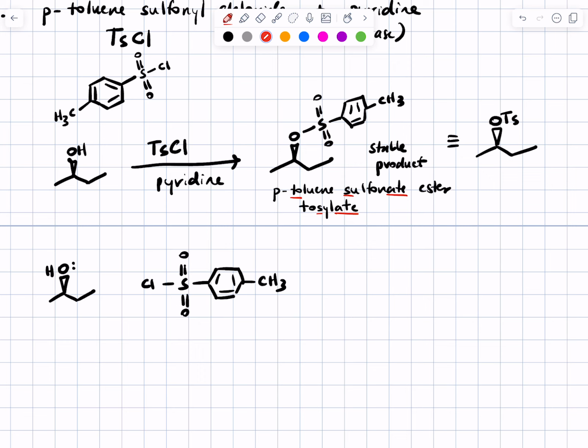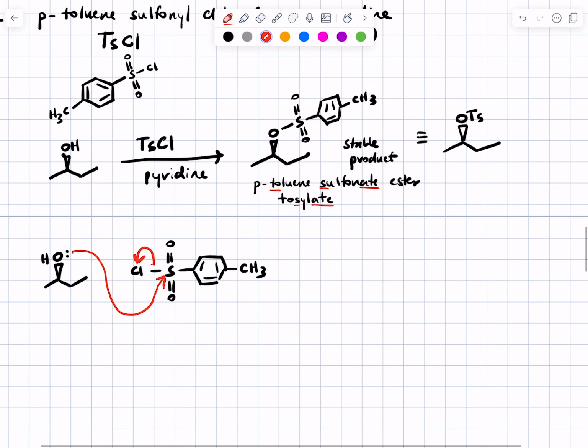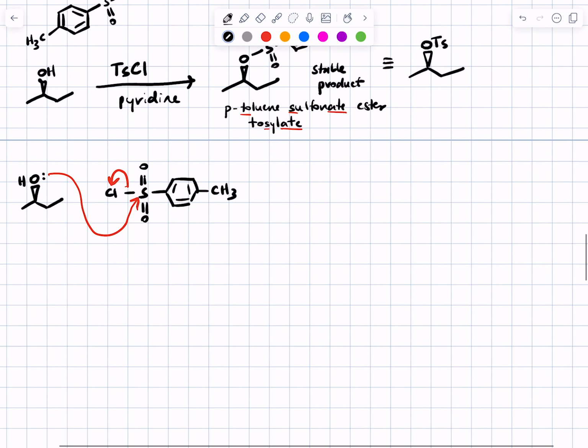Mechanistically, what happens is the oxygen attacks the sulfur, and then the chloride leaves. You make a new strong oxygen-sulfur bond, and I will show you the intermediate that forms as a result.